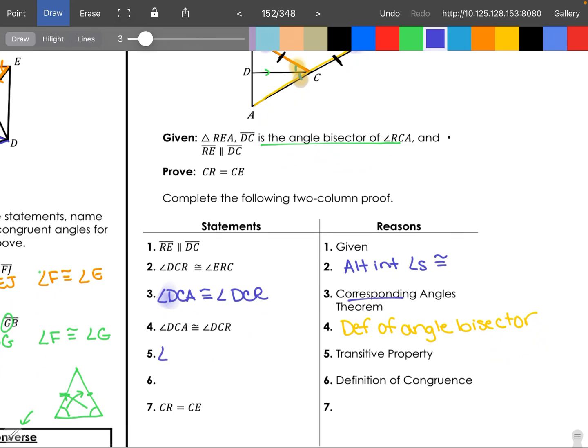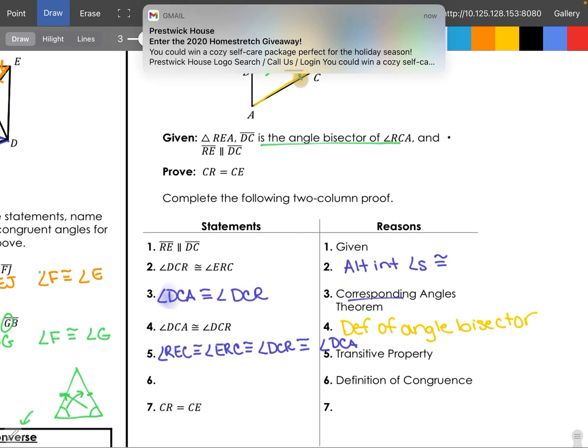So I have angle REC, that's congruent to angle ERC, that's congruent to angle DCR, that's congruent to angle DCA, by the transitive property.